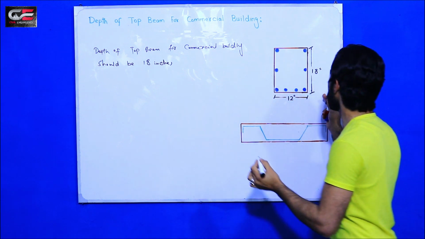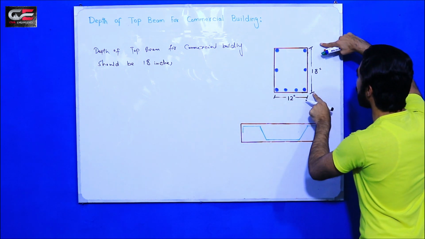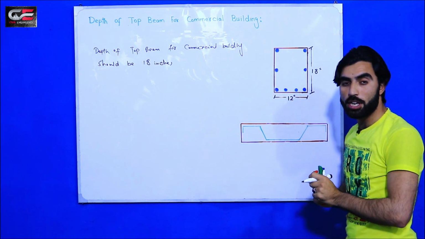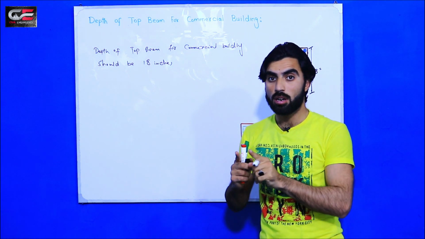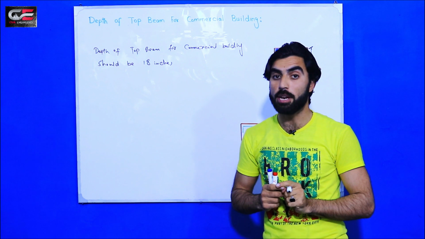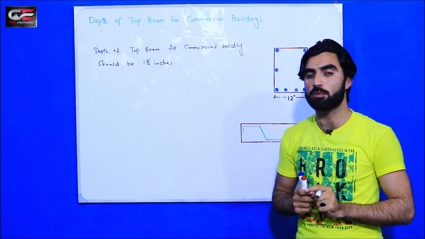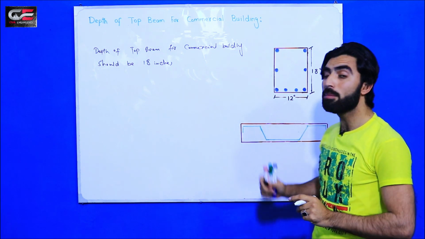As you can see, this is a section. You can see depth of the beam is 18 inches. It should not be less than 18 inches in the case of minimum 4-story building. You can keep the depth of top beam 18 inches.